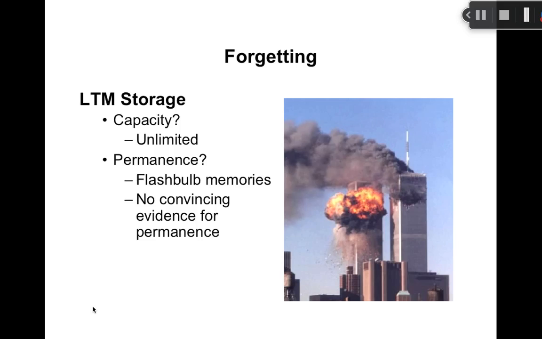He can recall where particular words are in particular lines in those books, which is phenomenal. So it's potentially unlimited. It's pretty clear that when stuff gets in there, it kind of stays there. Unlimited capacity, permanence.